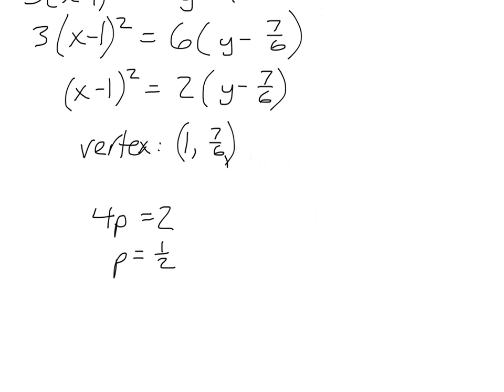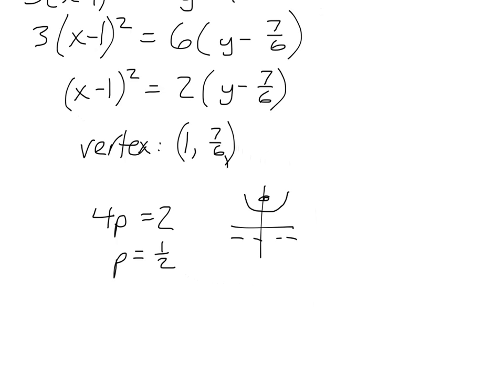Because our 4p is positive, that means that it opens up, which means that the directrix is going to be below the vertex, because the directrix is on the bottom side of the parabola, and the focus is within the branches of the parabola. So just to draw a quick sketch, our directrix is going to be down here, our parabola is going to be up there, and our focus is going to be right there.